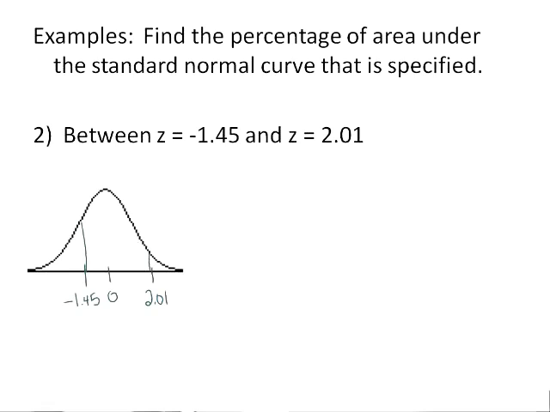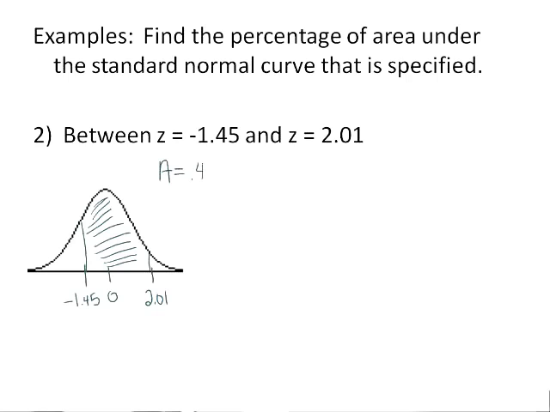Now the area that I'm going to shade is the area in between those two values. But when we look at the area on the table, it will only give us the area up to 0. So when I look up 1.45 on the table, remember I'm looking at positive 1.45 because the graph is symmetric with respect to the mean.